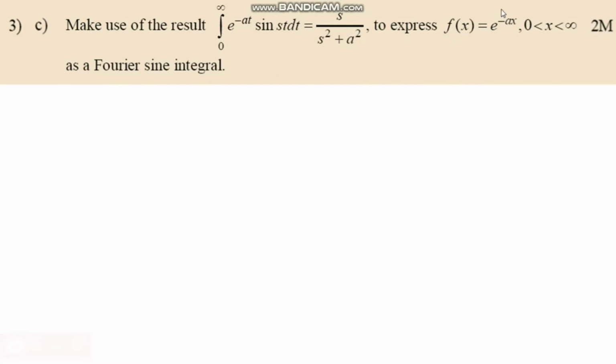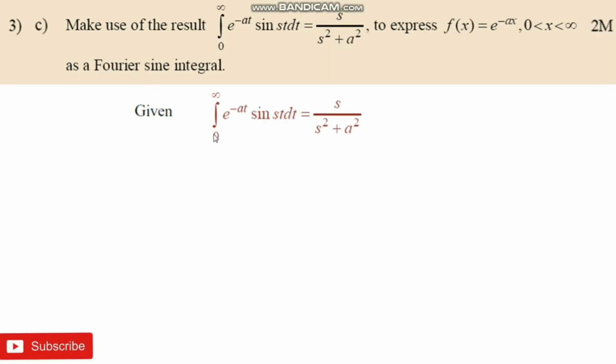Here we are given the function e power negative ax, and we can use this particular result to express the function as a Fourier sine integral. Here we are given the result integral 0 to infinity e power negative at sin st dt as s by s square plus a square.